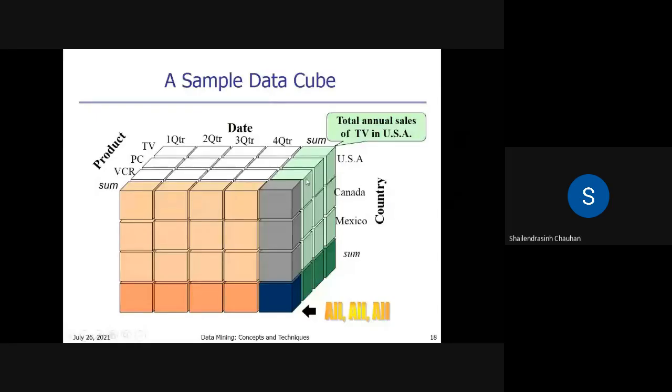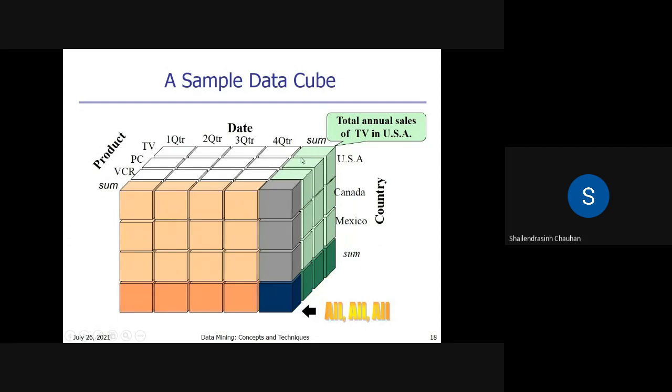Again, repeating this, I want to know how many VCRs I have sold in USA in all the quarters. Then this particular sub portion of this cuboid is going to give the answer. That is why it is sum.